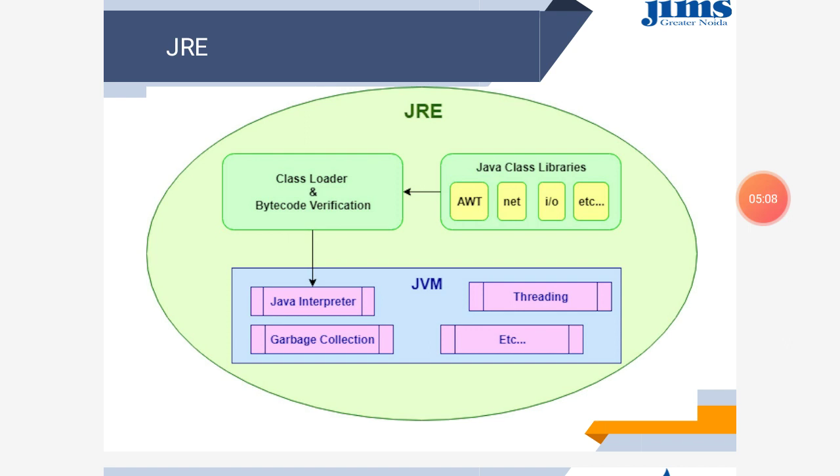And what is there in JVM? In JVM, there are the Java interpreter, garbage collection, threading, etc. The Java interpreter means a line by line executor of your bytecode. Garbage collection means the objects which are no more in use are cleared by garbage collectors.